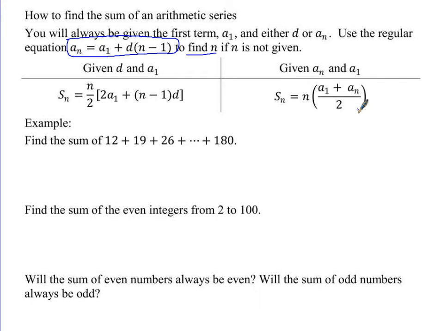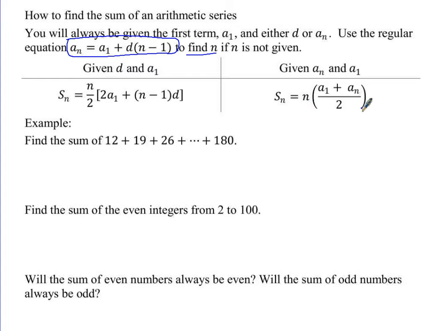If I take two things and add them together and then I divide by 2, what is that? The mean, which is another word for what? The average. Yeah. It's the average of the first and the last term here, multiplied by the number of terms. And that will give you the sum as well.